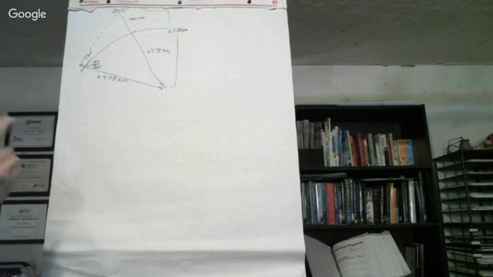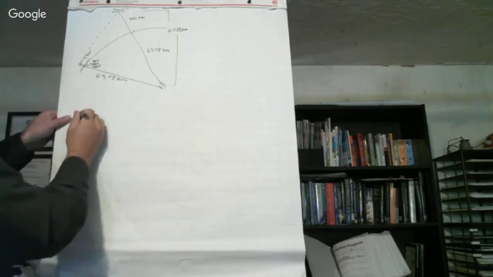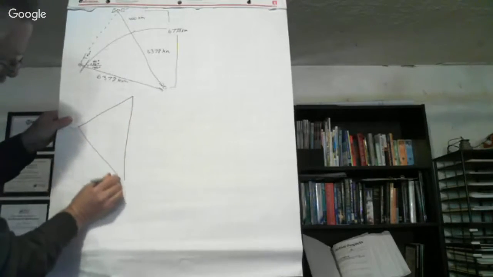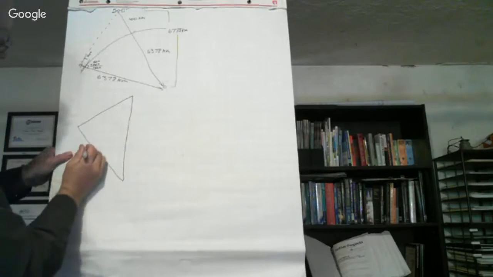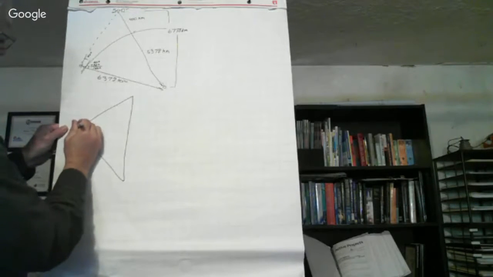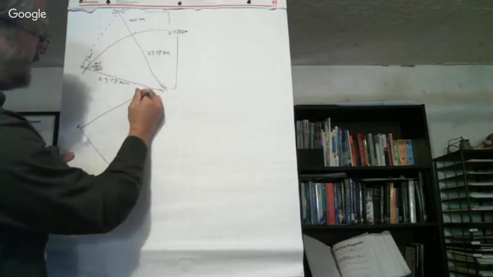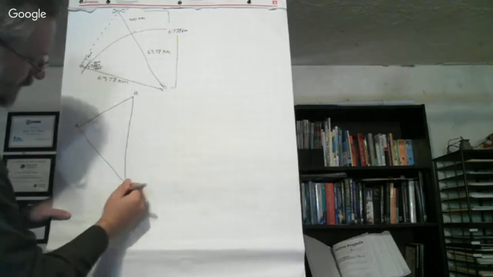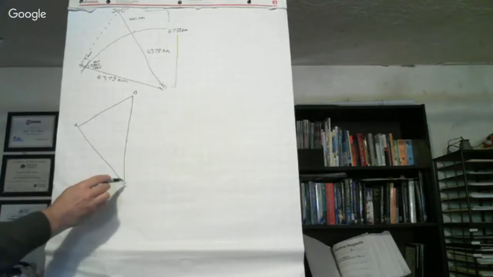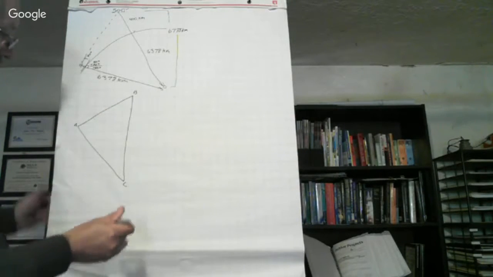So let's restate what we know of this triangle. What we'll do is we'll call this angle A, and we'll call this B, we'll call this C, and we will label the sides opposite of the angles with the lowercase letter.